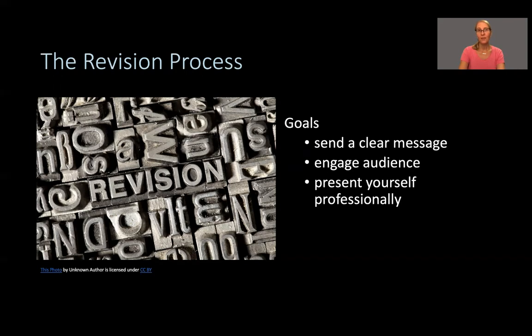For example, if you are engaged with an RSO on campus and it's your job to write an email to all the students at UIndy, you probably will have a friend, a roommate, someone from the club read over that email before you hit send, because you want to make sure you are sending a clear message, that it's something that your audience is going to pay attention to and engage with, and that you're presenting yourself professionally.